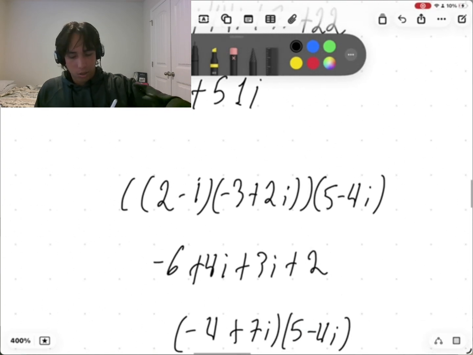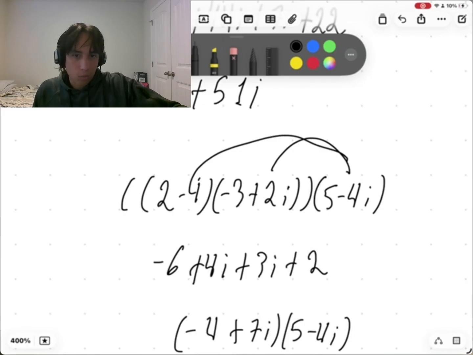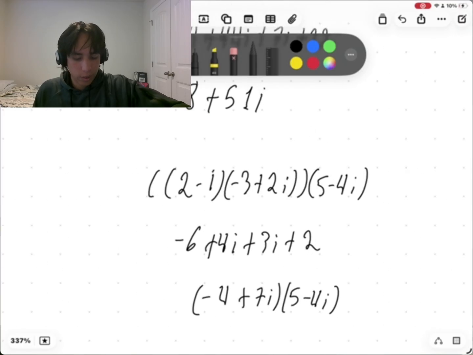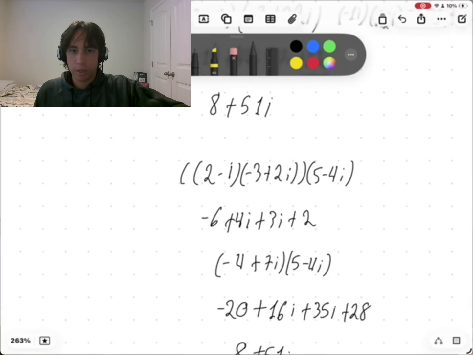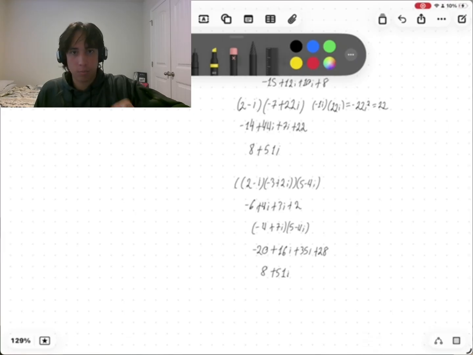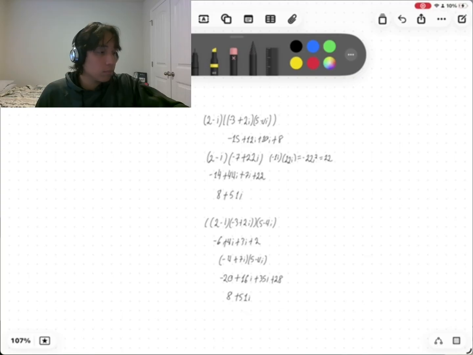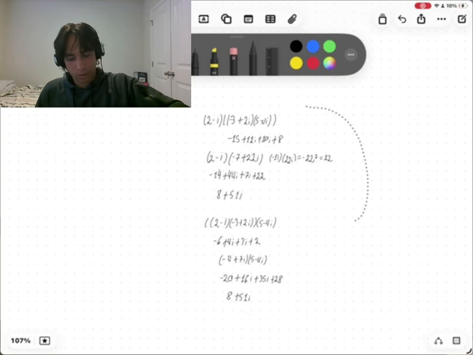You can distribute this for each and then multiply it as so. Not a very efficient way of doing it because the numbers can get pretty big. But it is a way. It is a manner.